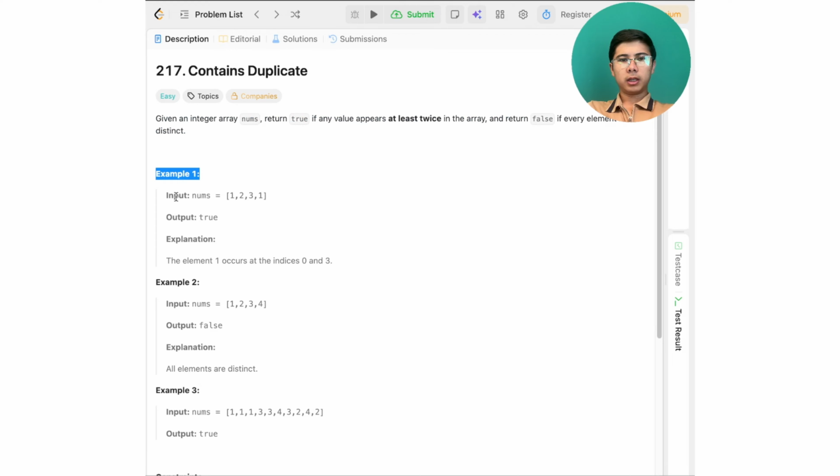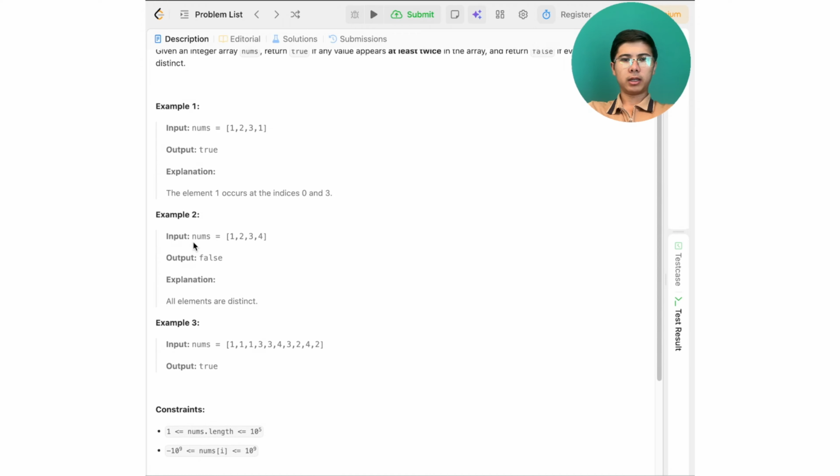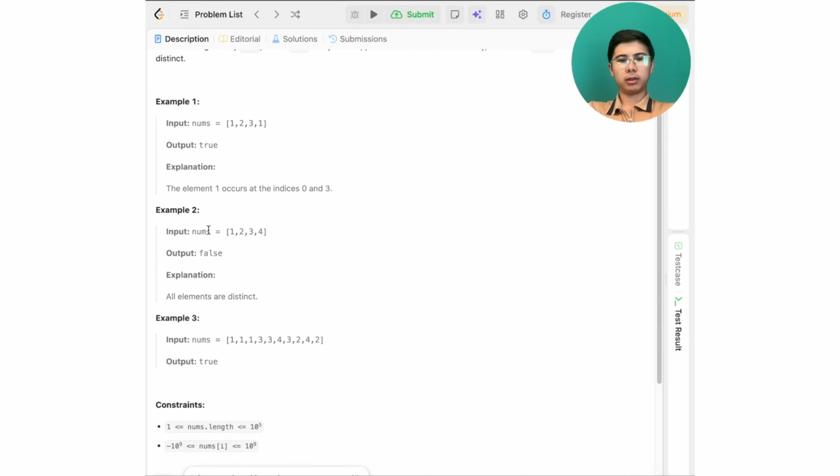Example 1: input nums is 1, 2, 3, 1. Output is true. Why? Because the number 1 occurs at indexes 0 and 3, which means this number is repeated twice. That's why true is returned.